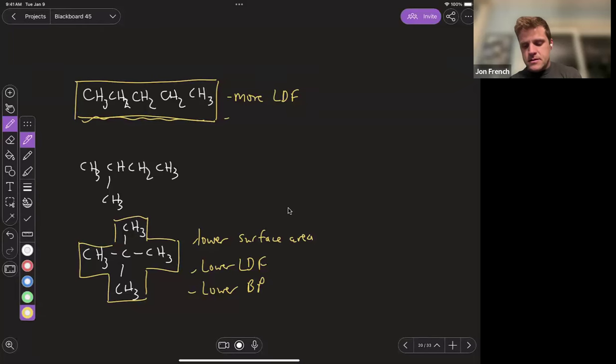So it's a little bit different than the question on the practice exam, because in the practice exam, it was an argument of stronger intermolecular forces. Here, all the intermolecular forces are the same. It has to do with the shape of the molecule and how those molecules fit together.